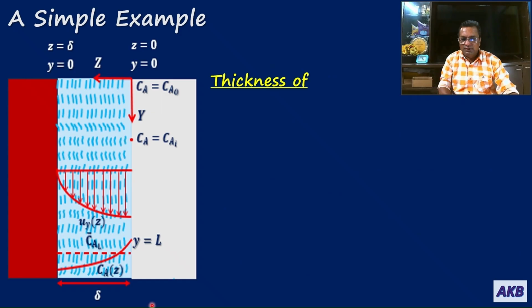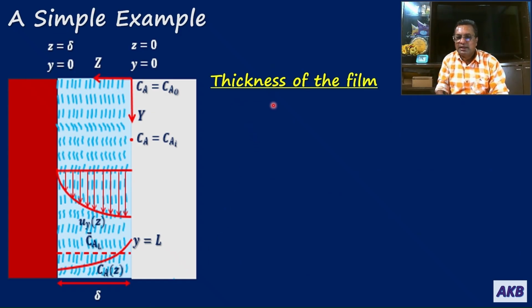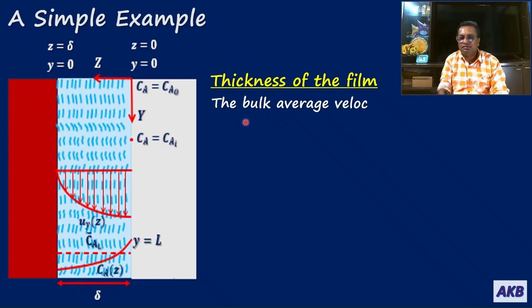Then we will also know how you can calculate the thickness of the film, because when you have a problem based on this, you will need to calculate the thickness. So let us understand how you can get the thickness of the film. For that, we will be using the equation for bulk average velocity. Uy bar is equal to rho g delta square by 3 mu.